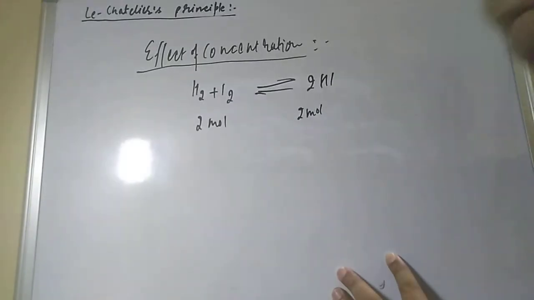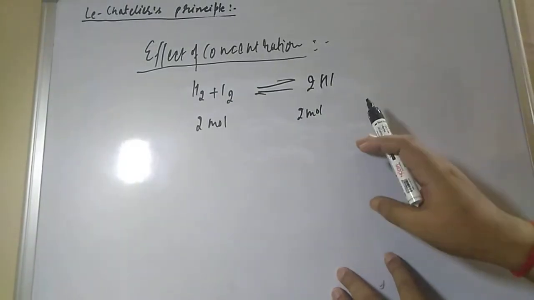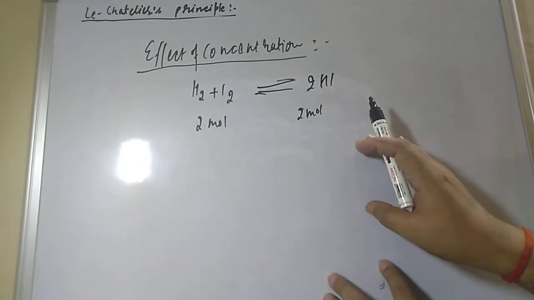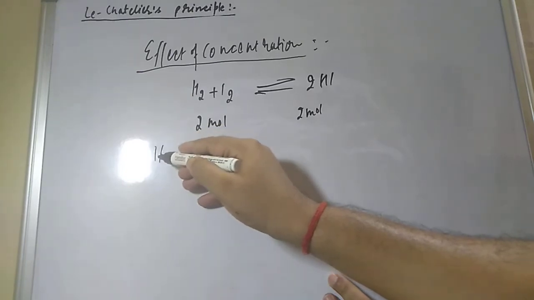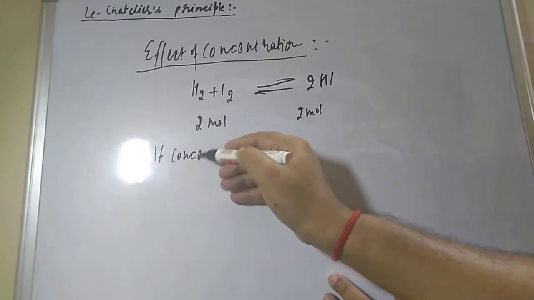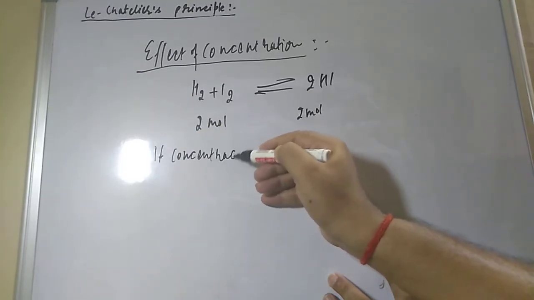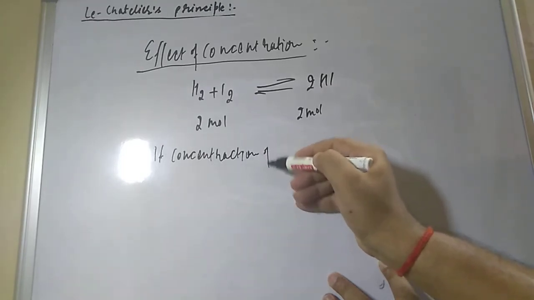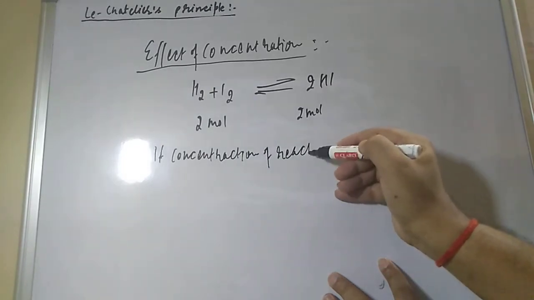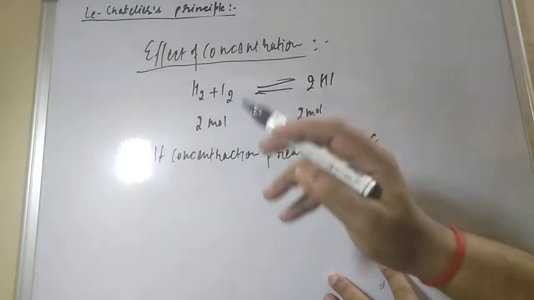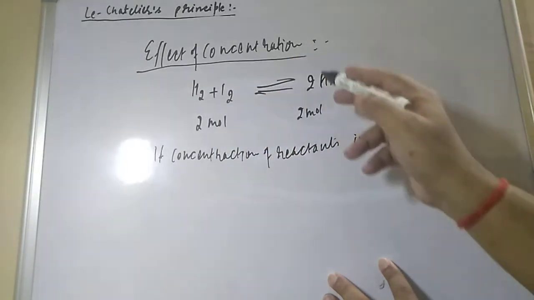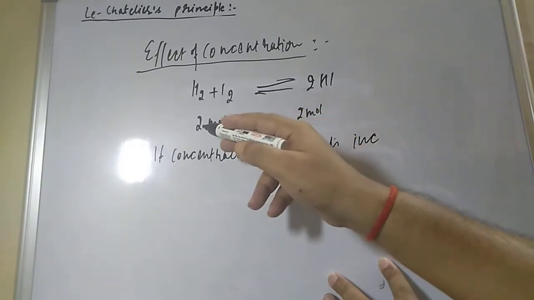So what will happen, student? The equilibrium will always try to reshift. If the concentration of reactants increases, suppose it becomes 4 moles, the equilibrium will shift in the forward direction to minimize its effect.